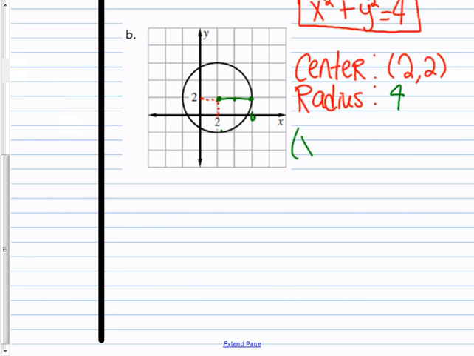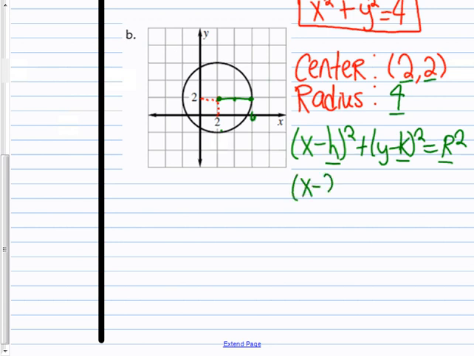The formula is x minus h squared plus y minus k squared equals r squared. I'm going to replace the h with 2, the k with 2, and the r with 4. x minus 2 squared plus y minus 2 squared equals 4 squared.